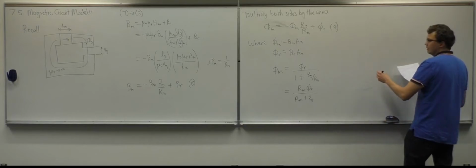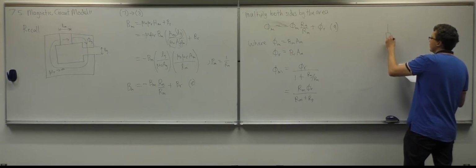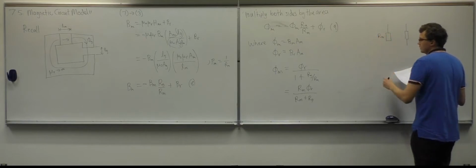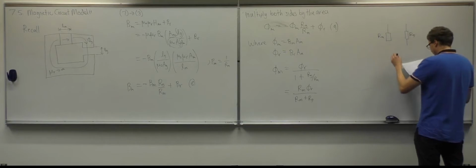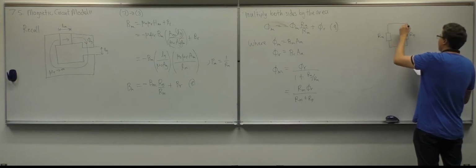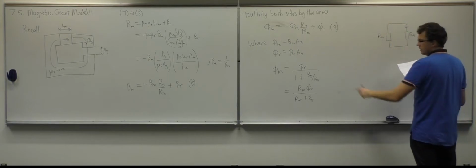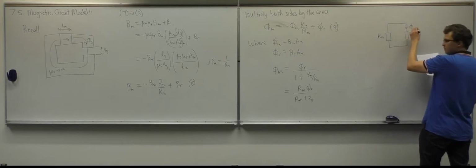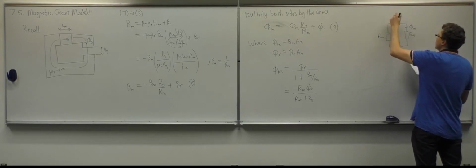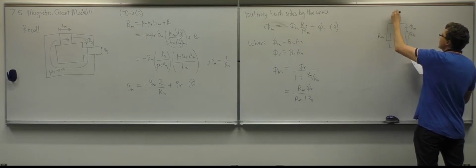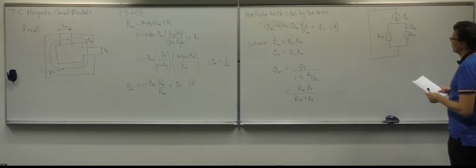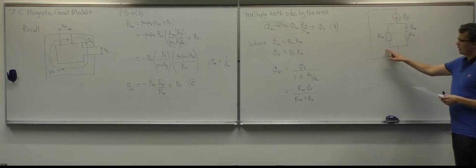So we would have two terms. We have the magnet reluctance, the air gap reluctance, and then we're saying that the flux m is related to flux R, like this. Right? That's just a current division rule.